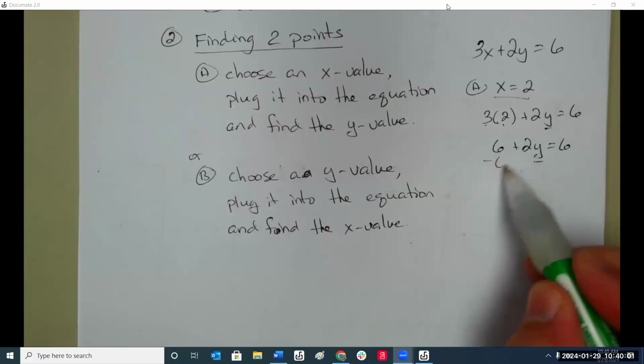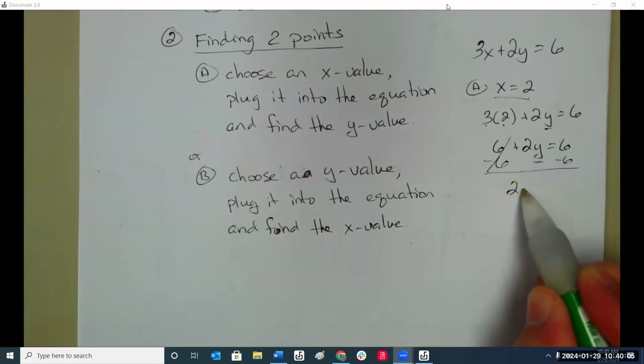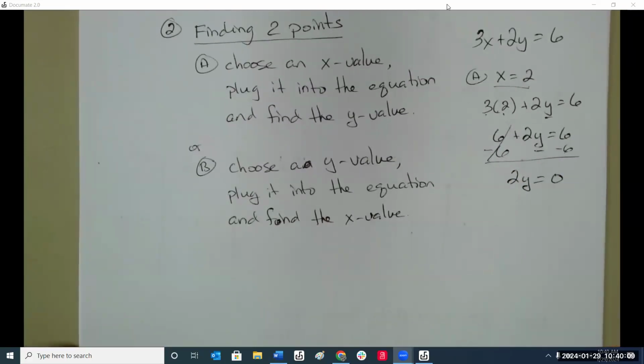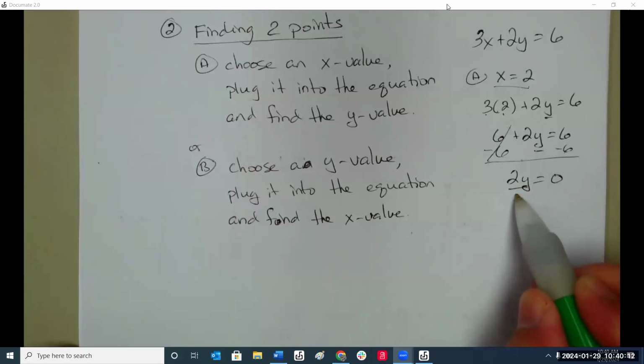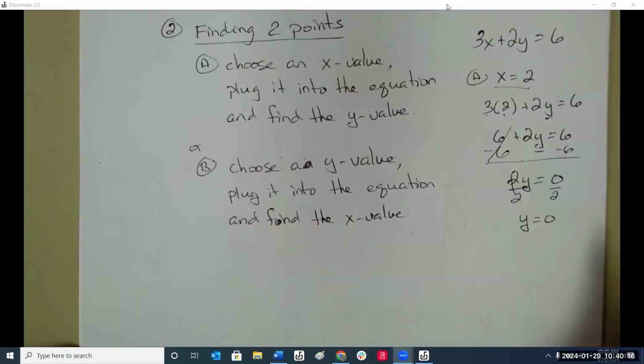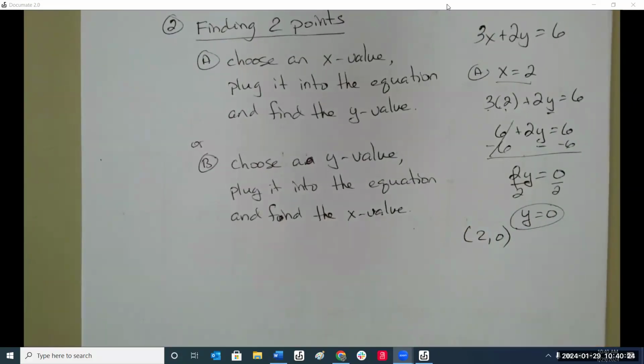So I got to move the 6 over, subtract 6 from both sides. 6 minus 6 is 0. Divide by 2. So y is equal to 0. So I know at 2, 0, that's 1 point.